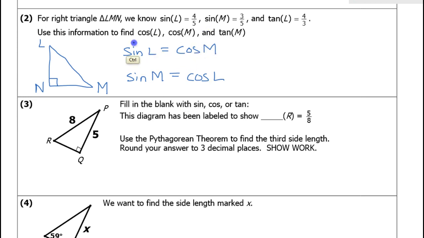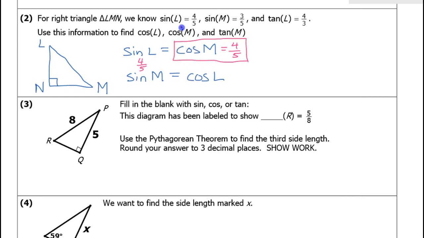So since they told us that the sine of L is 4/5, that means that the cosine of M has to also equal 4/5, because these are equal. So that is one of the things that we were supposed to find.